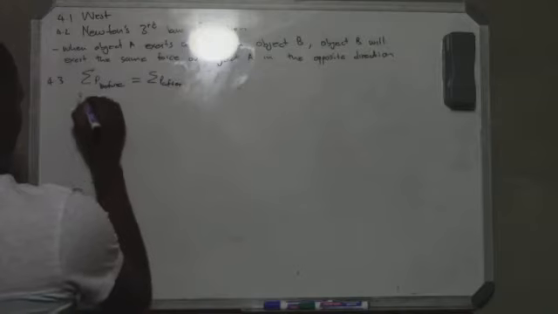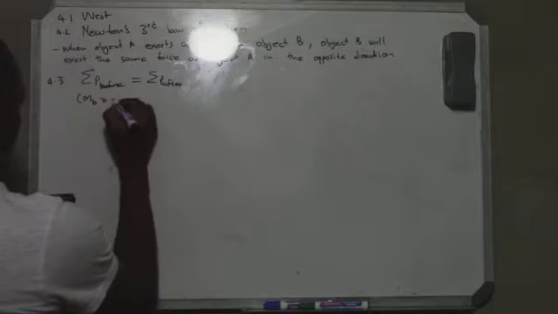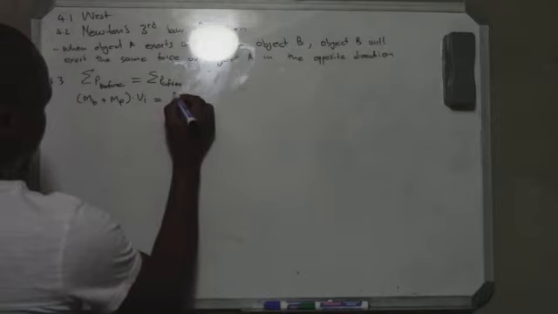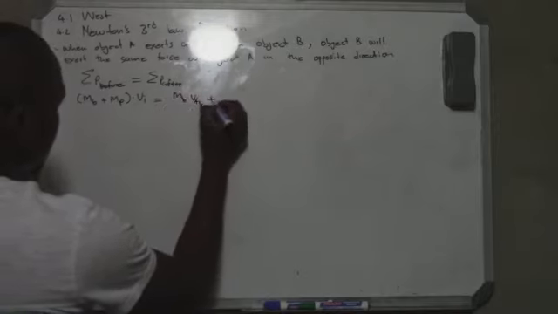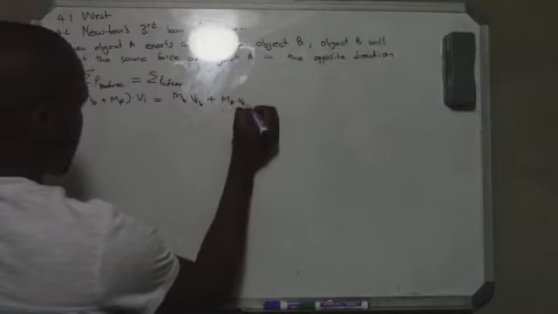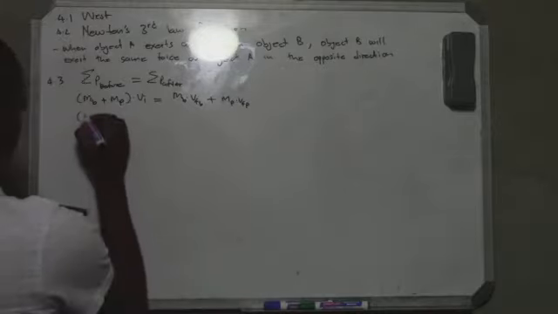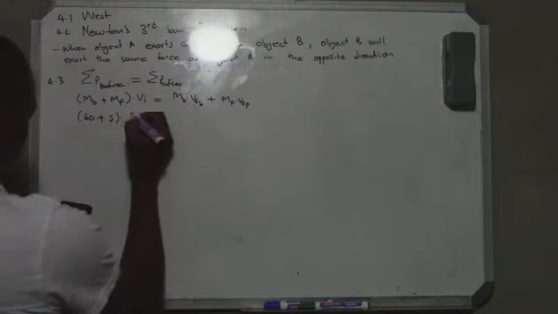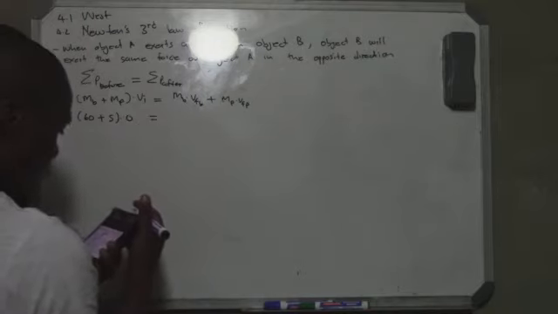So before, it's the mass of the boy plus the mass of the package, and their initial velocity. And after, it will be the mass of the boy times his final velocity plus the mass of the package times its final velocity. We are told the boy is 60 kg, the package is 5 kg, and their initial velocity will be 0 because initially they are stationary.